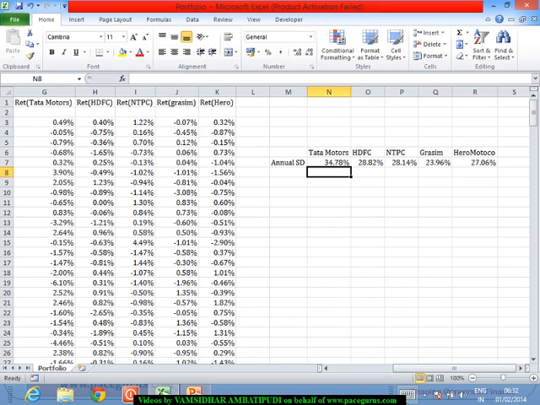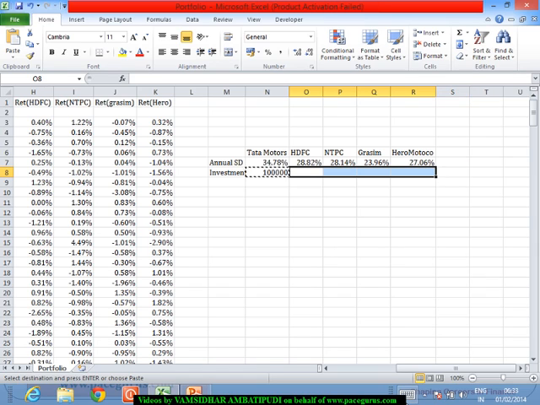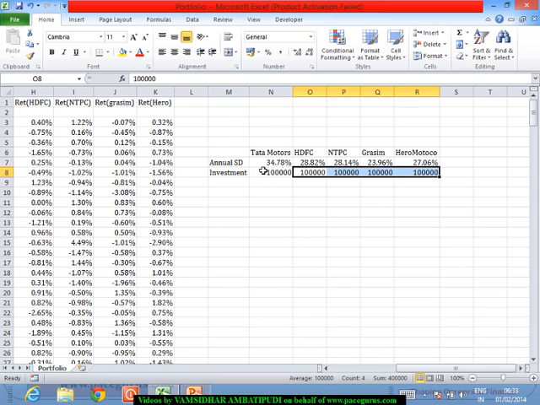Now let's assume, for the purpose of computation, that I am investing the same 100,000 in each of the securities. You can change the numbers very well. So for the time being, I am investing 100,000 in each of these 5 securities, which means my overall portfolio investment is 500,000.